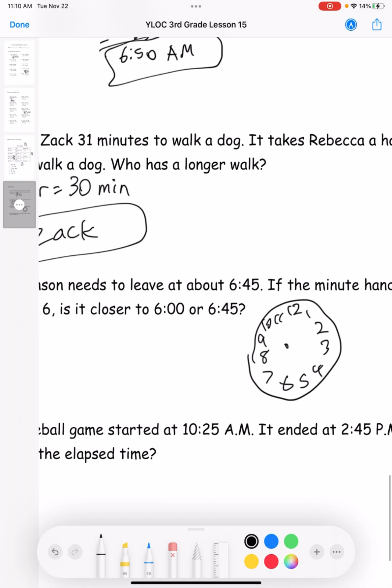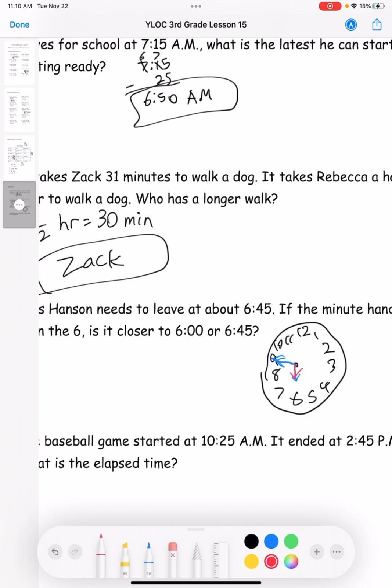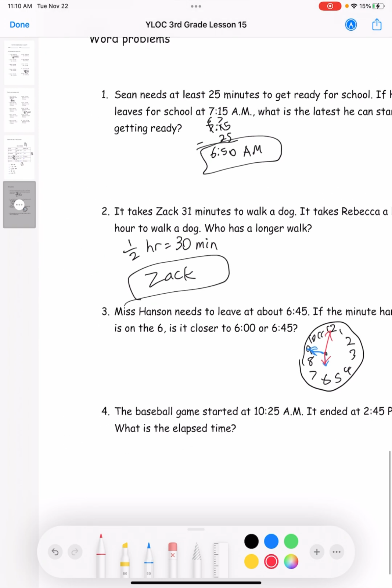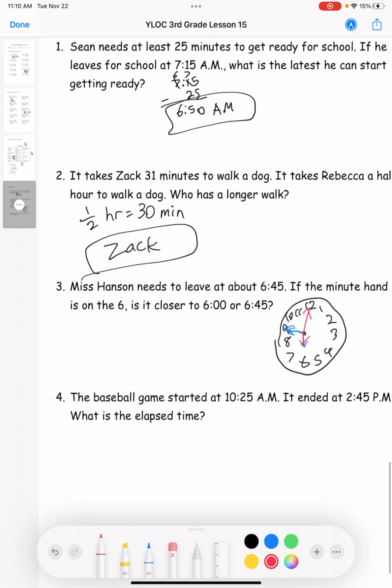And she has to leave, it's right in blue, at 6:45. This is the minute hand. And if the minute hand is at 6, is it closer to 6 o'clock or 6:45?